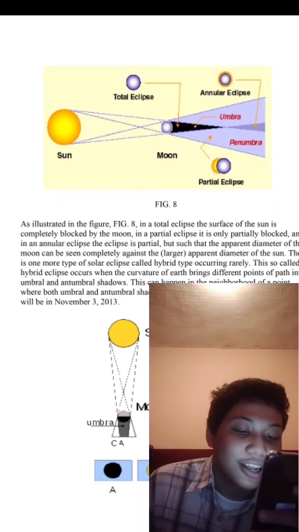A partial solar eclipse occurs when the penumbra of the moon's shadow passes over a region on the earth's surface. 3. An annular solar eclipse occurs when a region on the earth's surface is in line with the umbra, but the distance is such that the tip of the umbra does not reach the earth's surface.